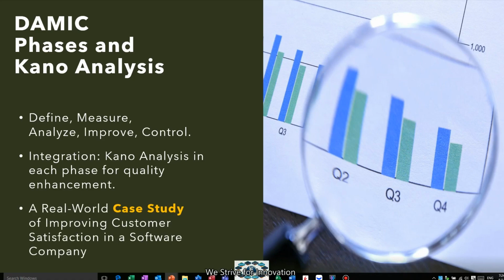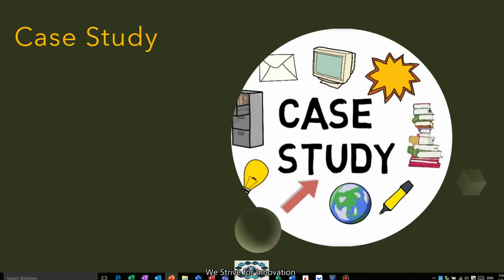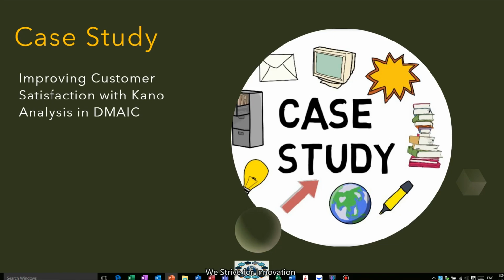A case study will make us understand the subject more easily than just having a theory without evidence. So in this case study, we will introduce customer satisfaction, how it can be achieved using DMAIC and using the Kano tools within the DMAIC process.